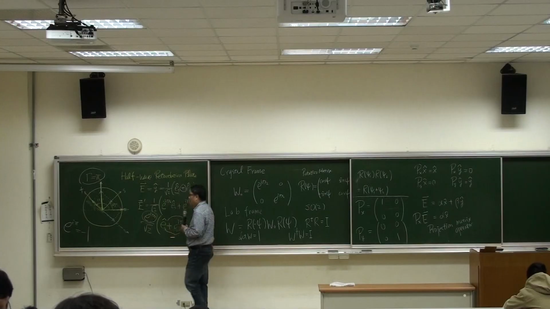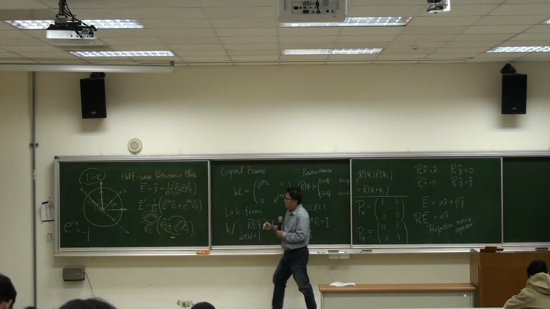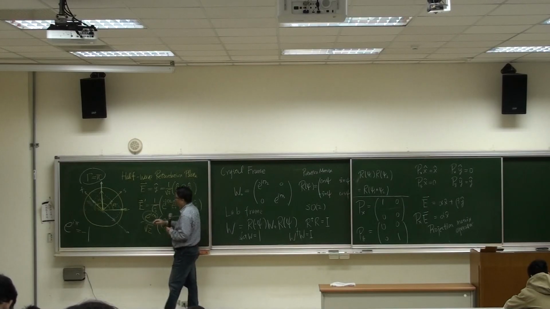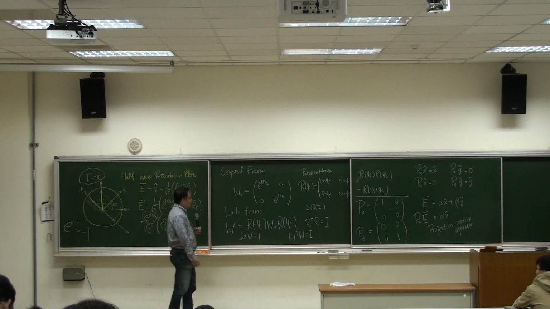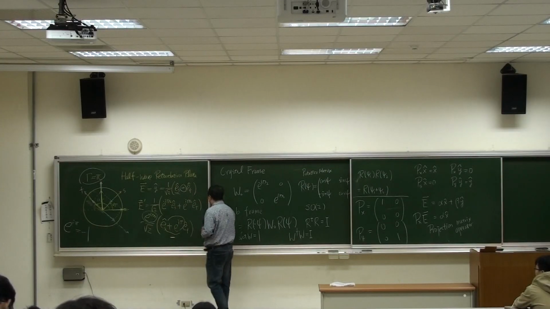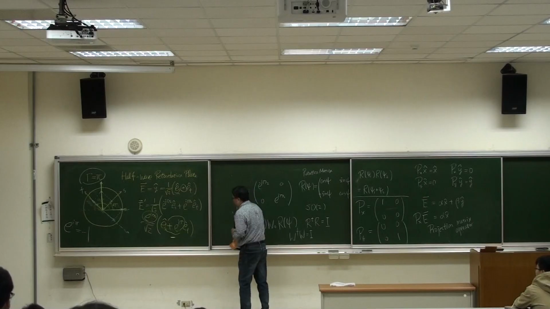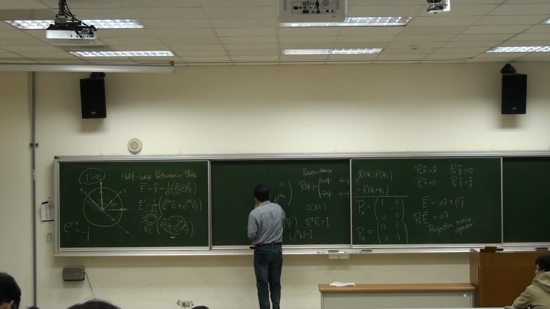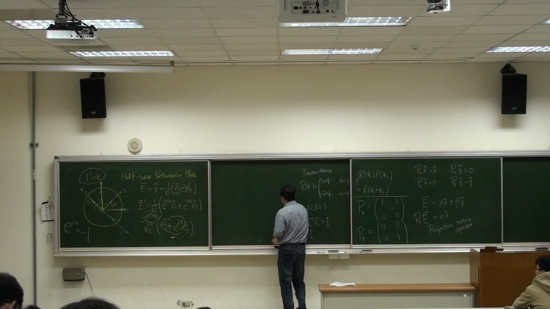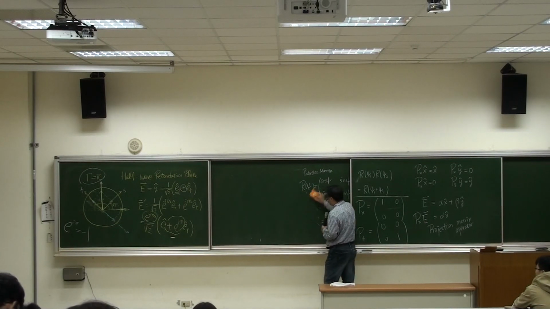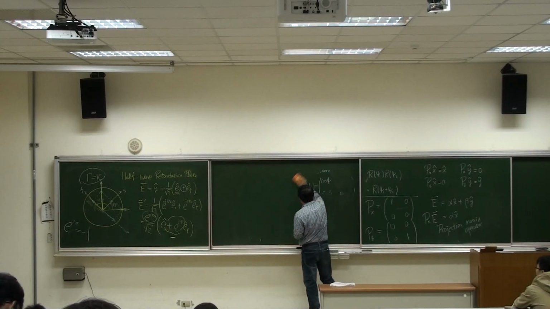But this is because we set the angle to 45 degrees. What if it is not 45 degrees? So now we consider a situation where we still use a half-wave plate, but the slow axis is along a different direction.